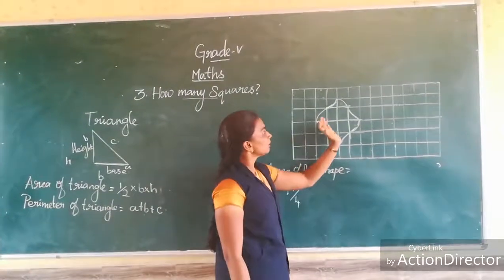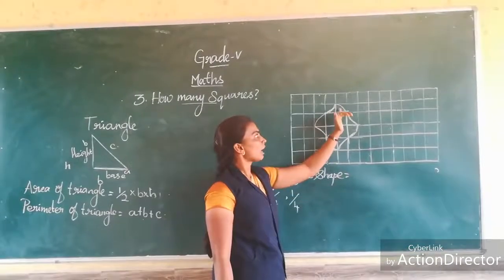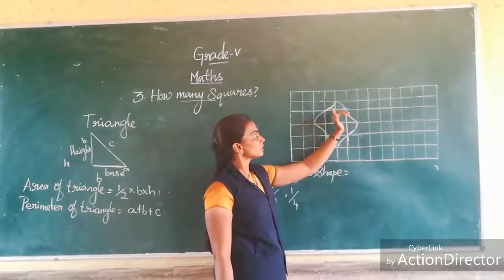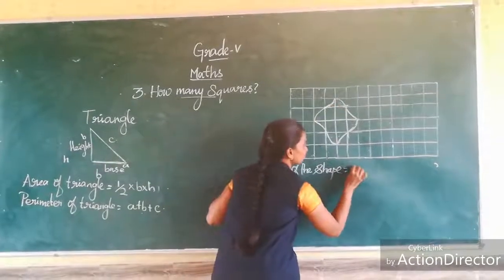Now look at here. First we want to know the completed. That means full square and then more than half. This is quarter of square.